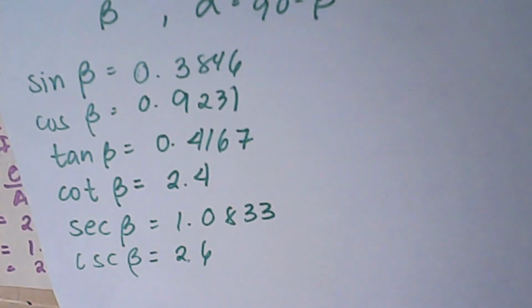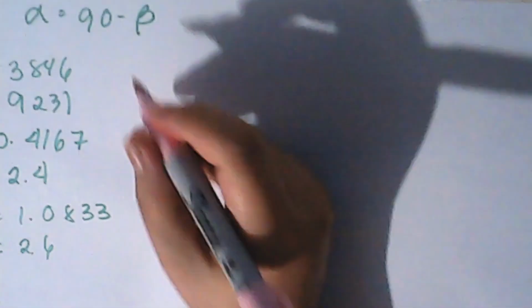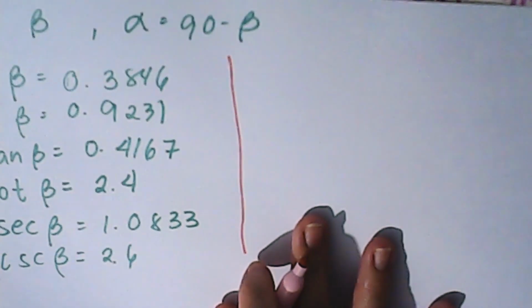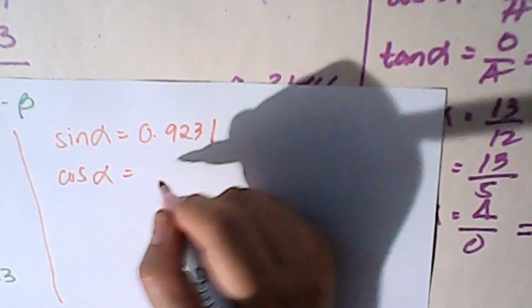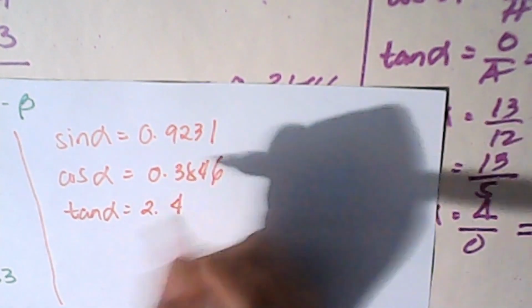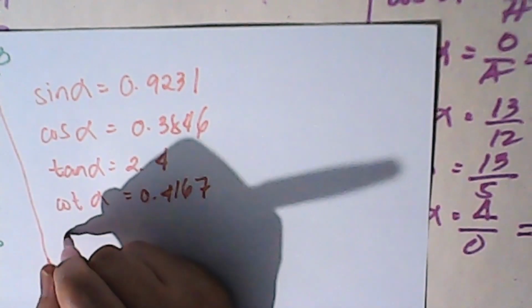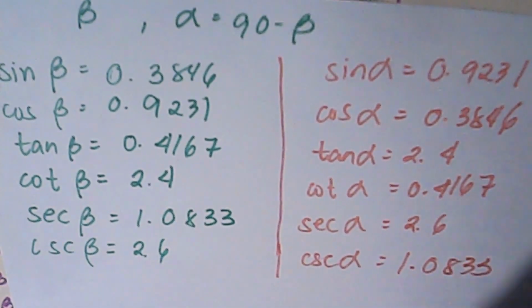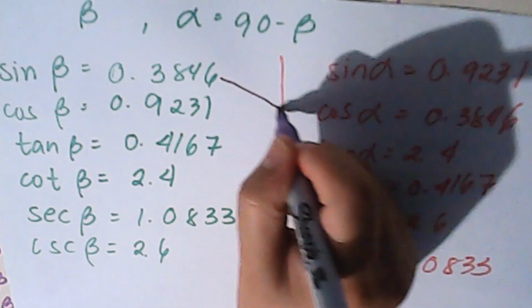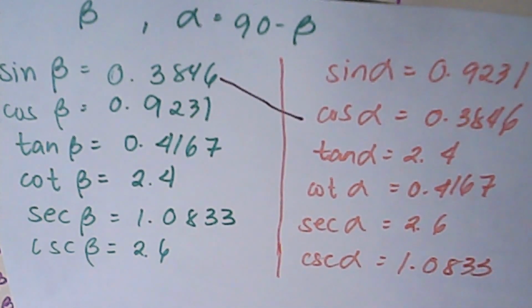Now, let us get the result that we got from its complement, which is the angle that we named alpha, and we know that it is 90 minus the measure of beta. From the solution, we can see that sine beta is equal to cosine alpha.